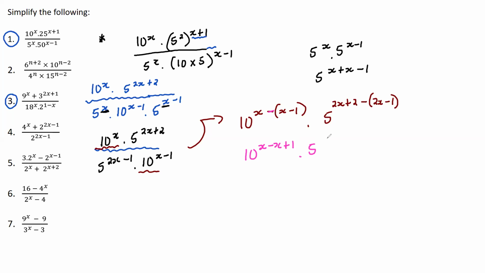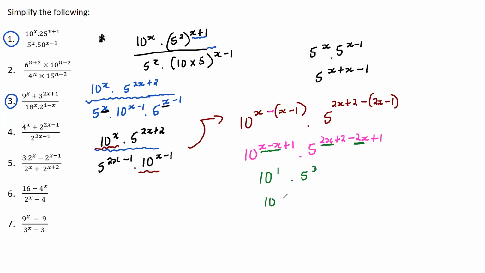Then I've got 5. We go for it: 2x plus 2, open the brackets, minus 2x plus 1. This will give you 0, I remain with the plus 1. Then here again, 2x minus 2x gives you 0, plus 2 plus 1 gives me 3.